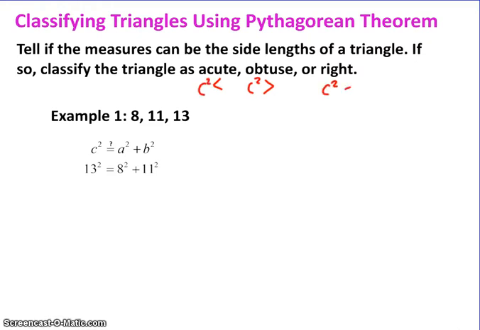Alright, so I have 8, 11, 13. 13 is my largest, so it would be my hypotenuse. 13 squared is 169. 8 squared plus 11 squared is 185. Since C squared is less than 185, that would be an acute triangle.